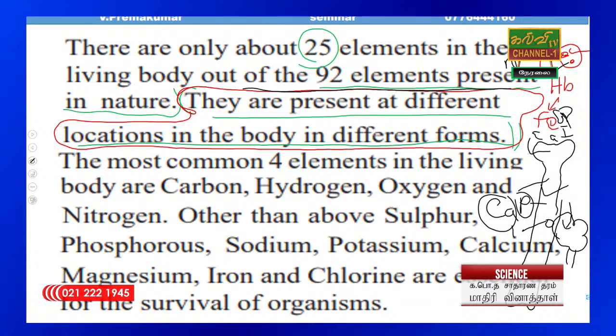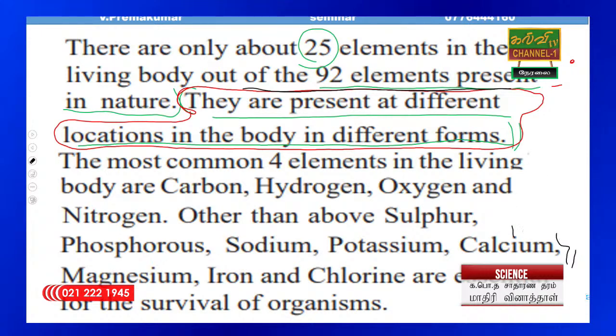So different organs need different kinds of elements. Therefore, they said the elements are present at different locations in different parts of our body. Now you can understand that sentence also.